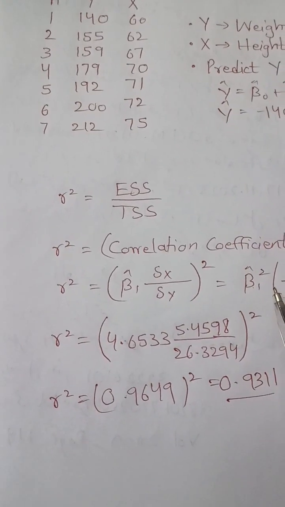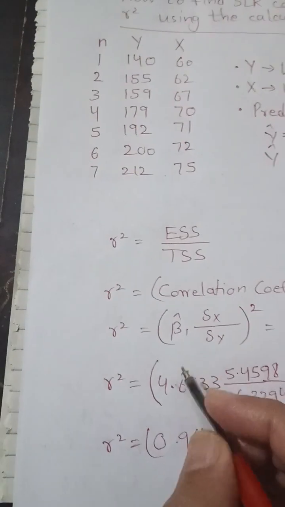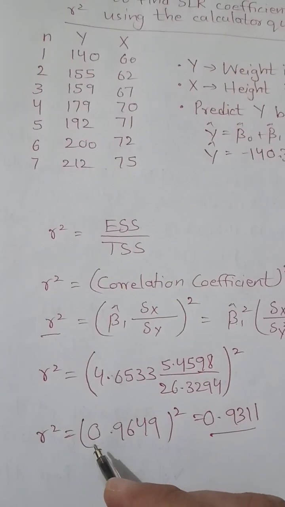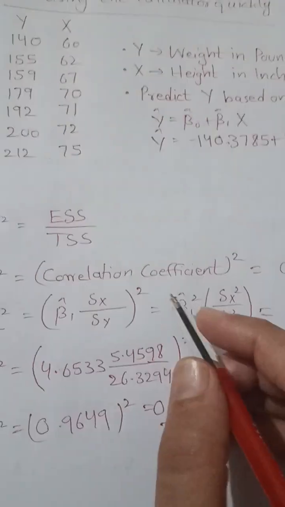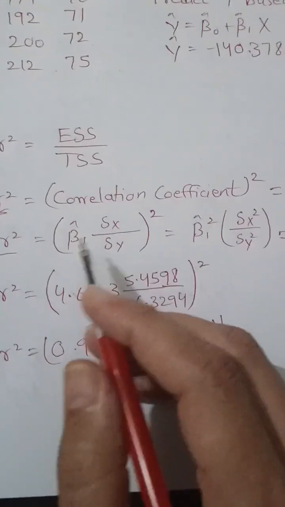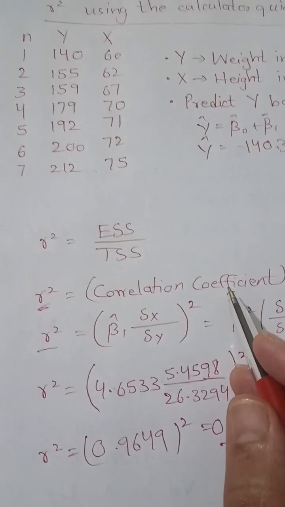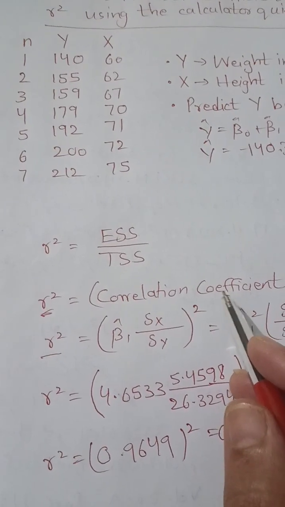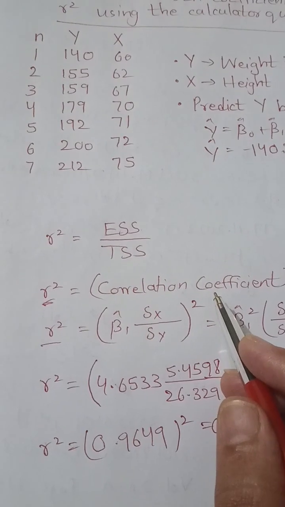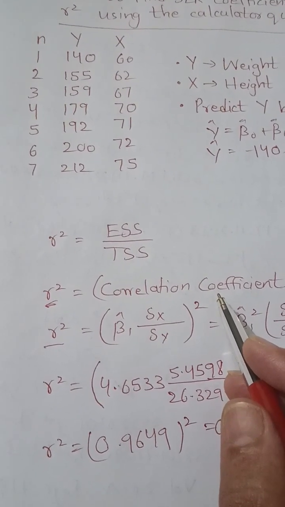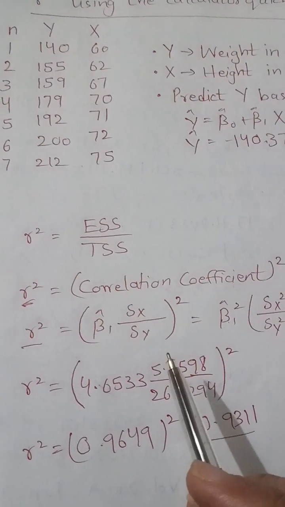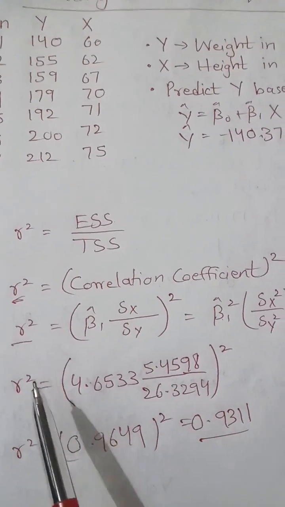So when to use which formula? If the correlation coefficient r is known, then we simply square it and we will find the coefficient of determination, which works only for simple linear regression but not for multiple regression.